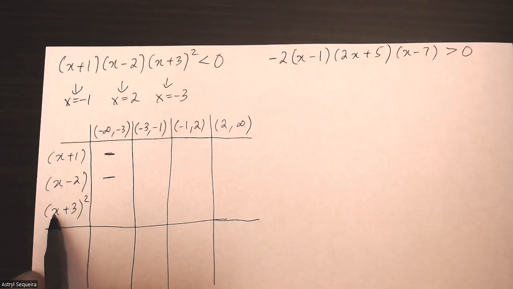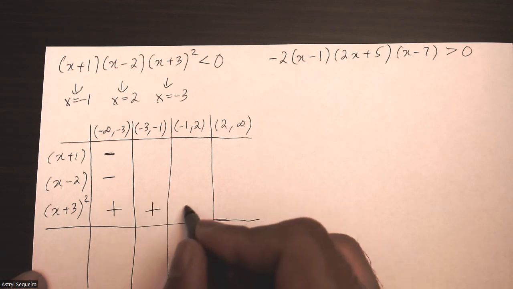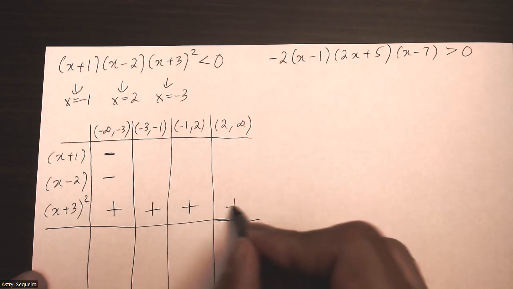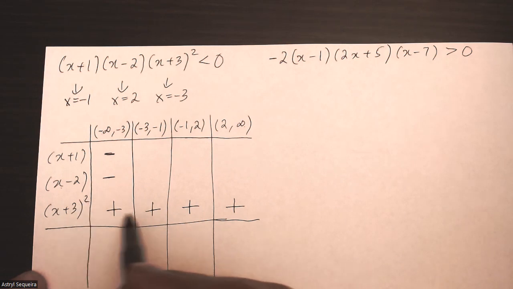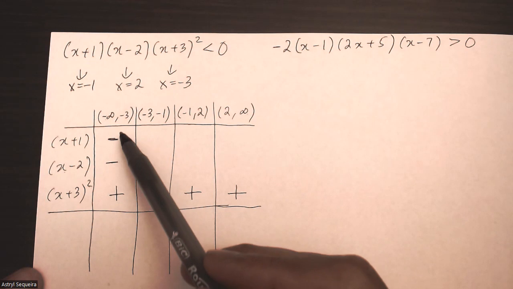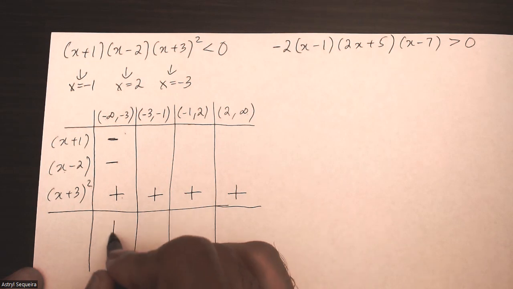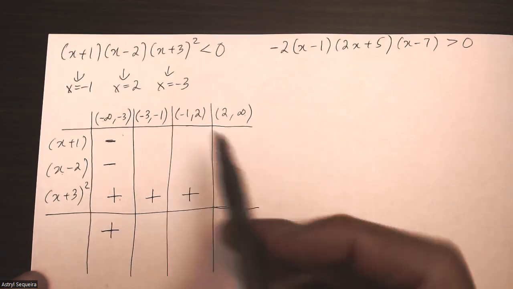And over here, it doesn't matter what I pick, the bracket is squared, so this one will always be positive, no matter what number you pick. If a bracket is squared, it'll always be positive. So I'll just fill those in really quick. So now I have negative times negative, which is positive, and then positive times positive is positive. So this one is positive over here.